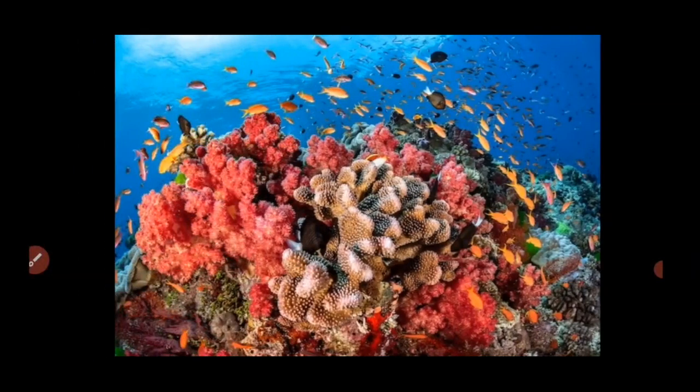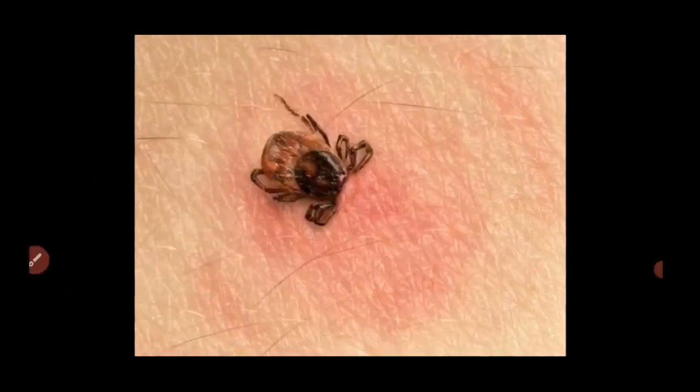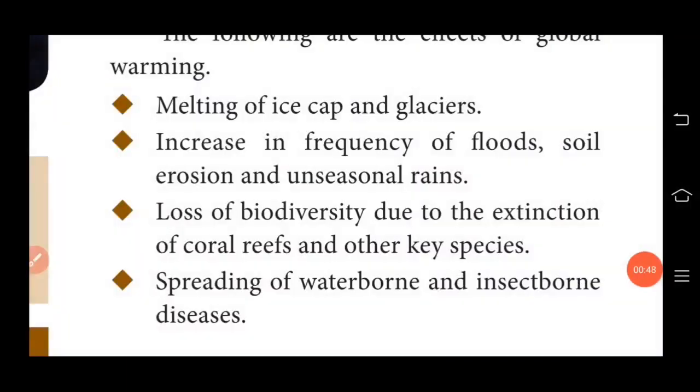Spreading of waterborne diseases and insect-borne diseases are also effects of global warming. Students, effects of global warming is an important detailed question and answer, so you have to read this topic.